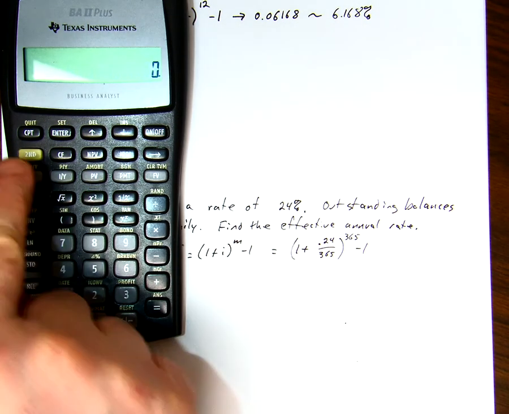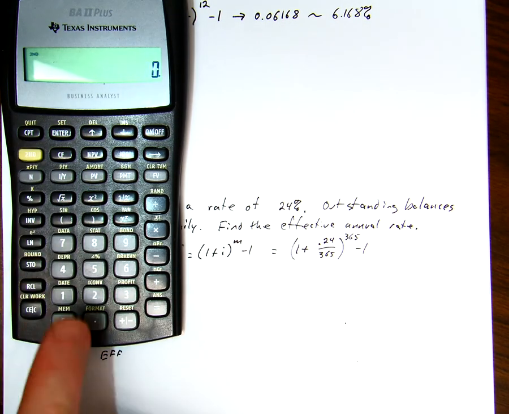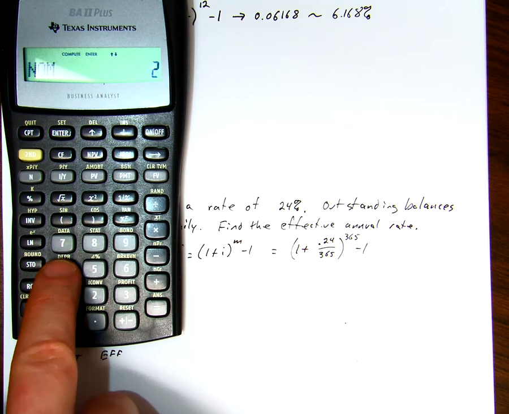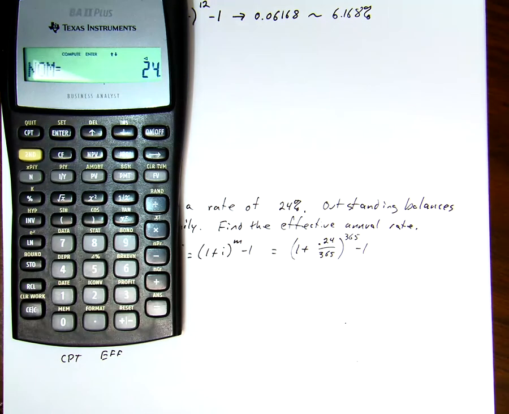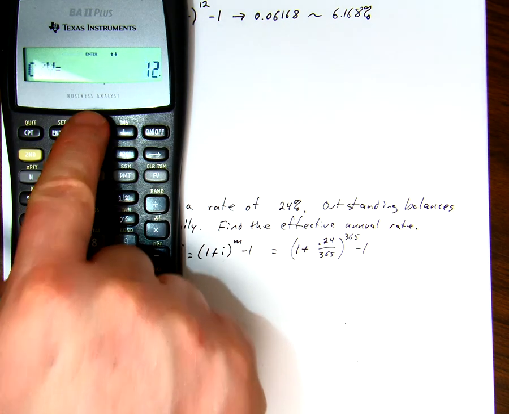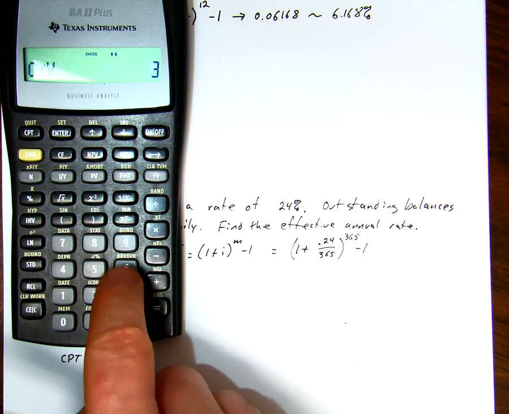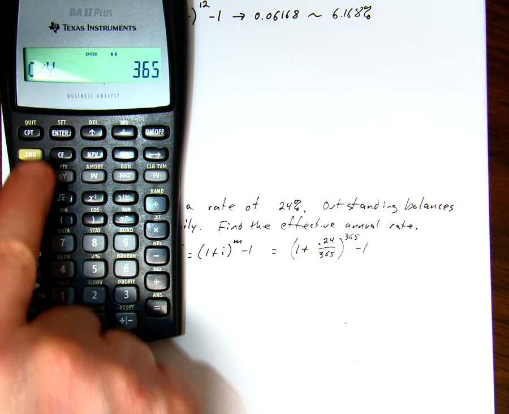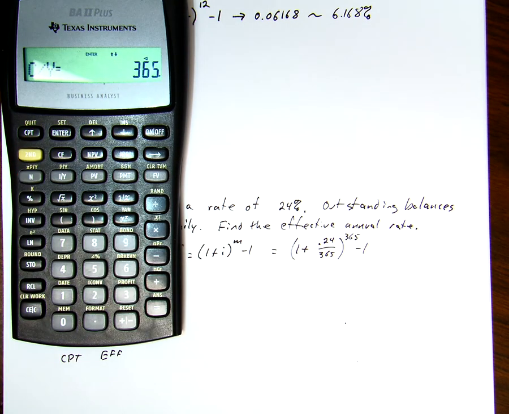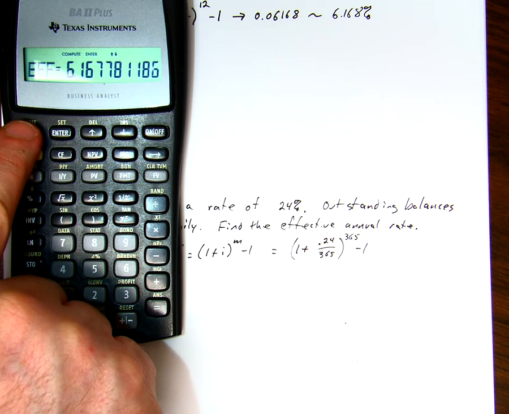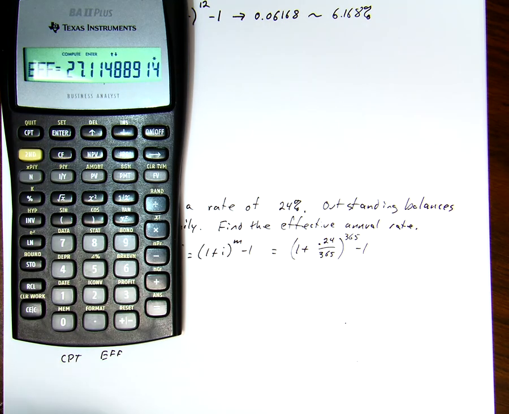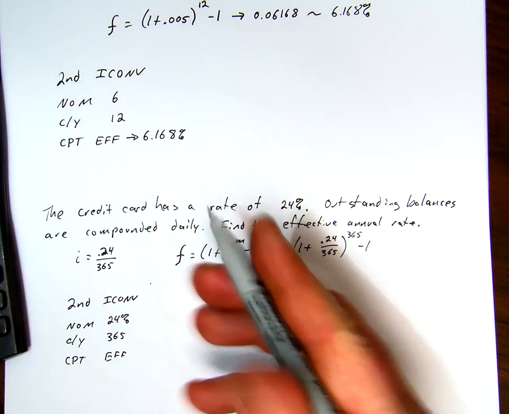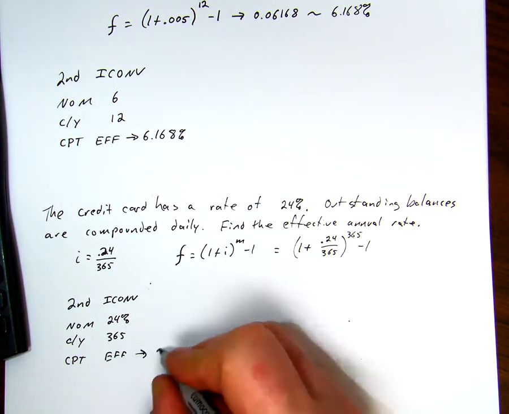So on our calculator, second function, iConvert. The nominal rate was 24%. The compoundings per year was 365. Press enter. The effective rate, we're going to compute it, and it's going to be 27.115%.